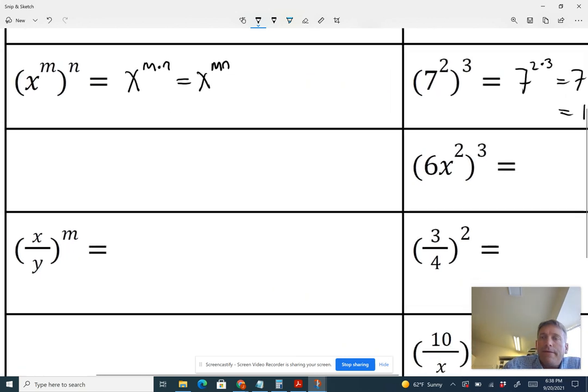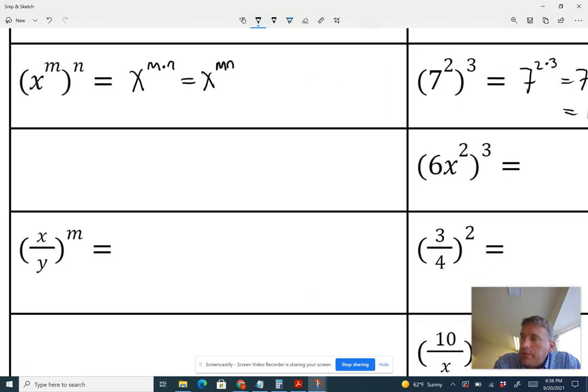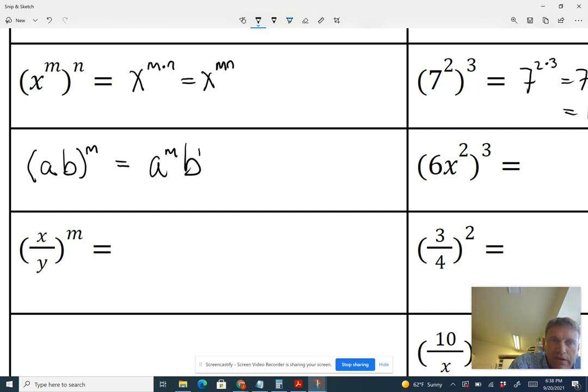All right. This next one, we're going to write out the rule. If you have some things multiplied inside, let's say a times b raised to the m power, that's the same as a to the m times b to the m power. Both of them get raised to that power.